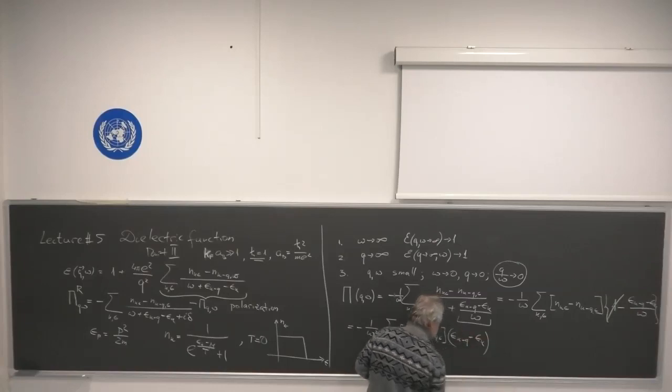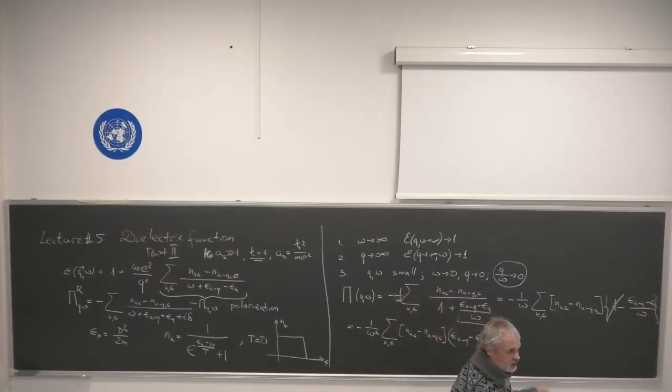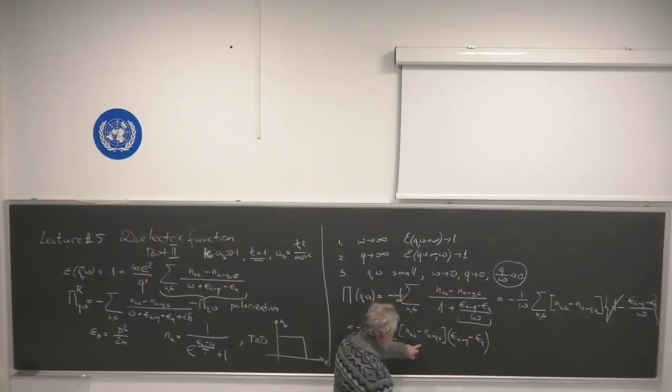Also, I will consider the situation with zero magnetic field, so I don't assume that the degeneracy associated with the spin projection is lifted. So the situation is degenerate. Now this is the equation which I'm going to evaluate.